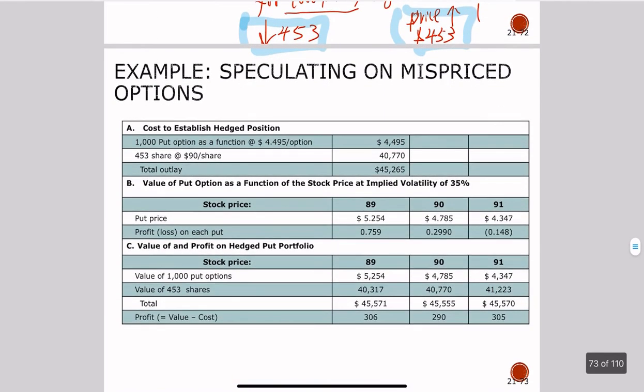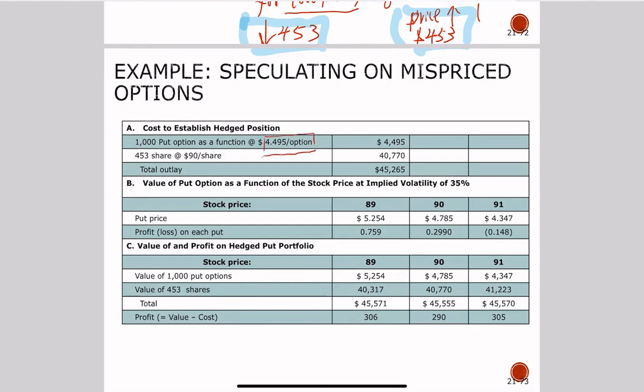Okay, now let's crunch some numbers and verify that you will indeed get a positive profit and you're indeed hedged against the risk of stock price movement. So remember we have calculated the put options price, which is 4.495. Right, so this is put options price.